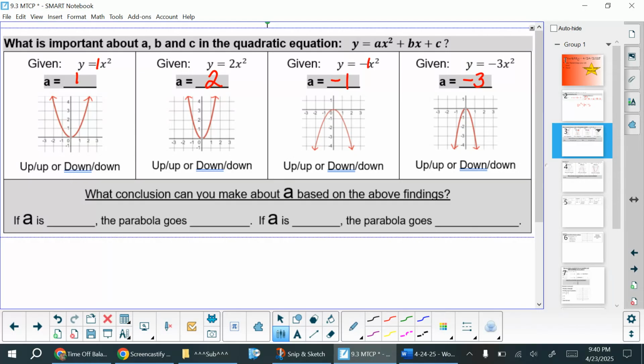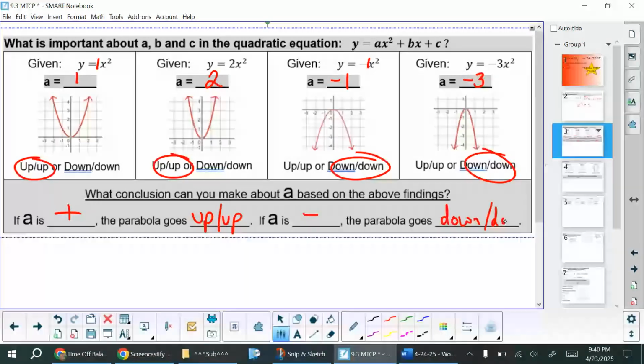And when we compare these, you're going to see that the 1 and the 2 are both up graphs, where the negative 1 and the negative 3 are both down graphs. And so what happens here is if A is positive, the parabola goes up, which is really nice because positive, up, that makes sense. If A is negative, then it goes down.